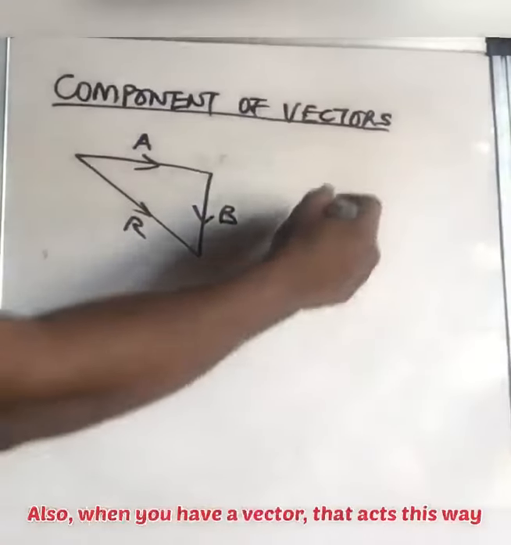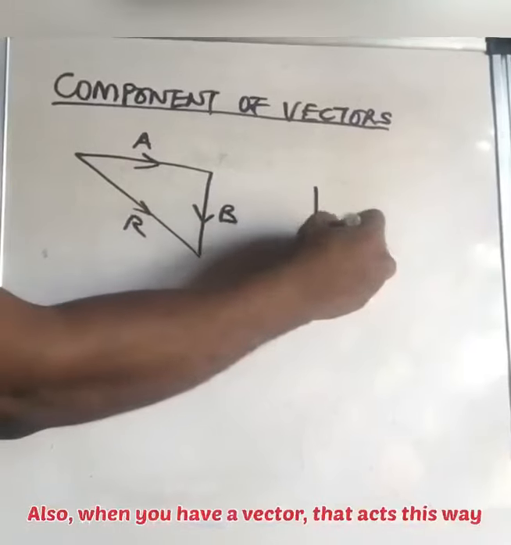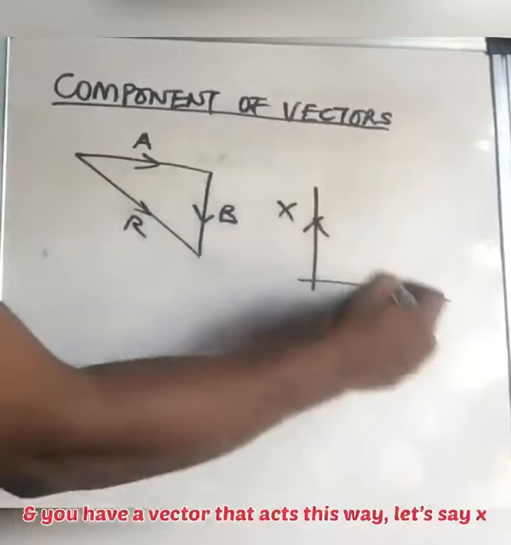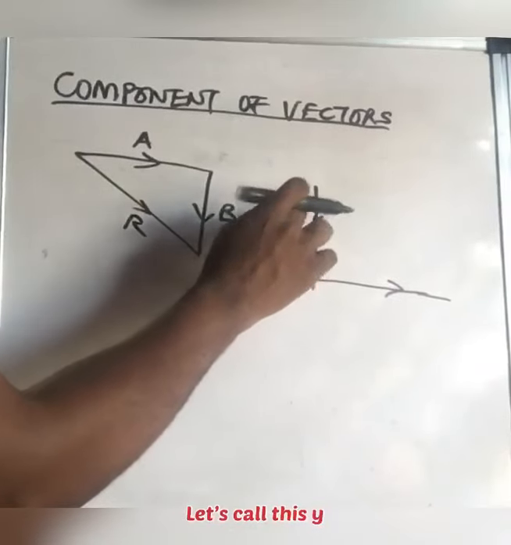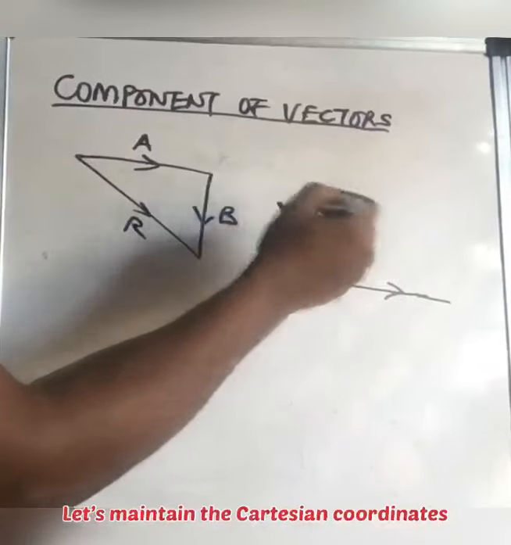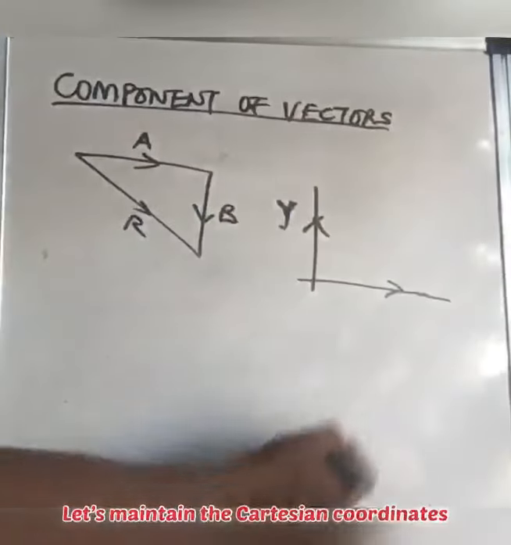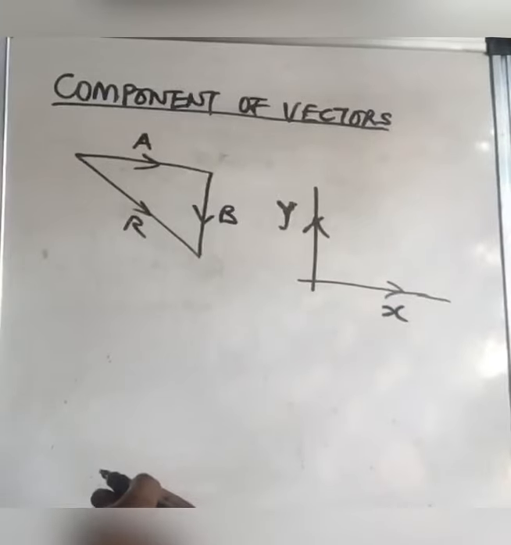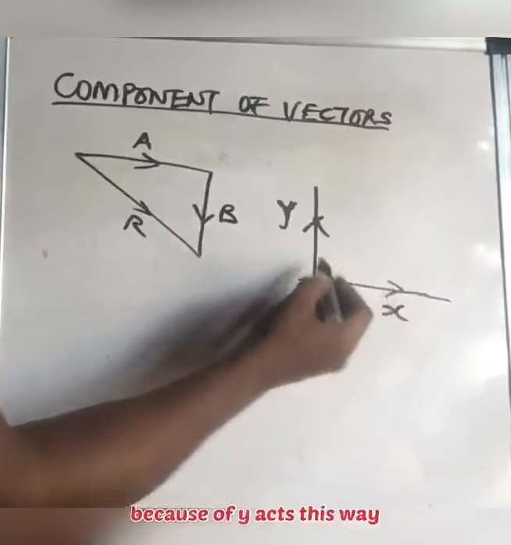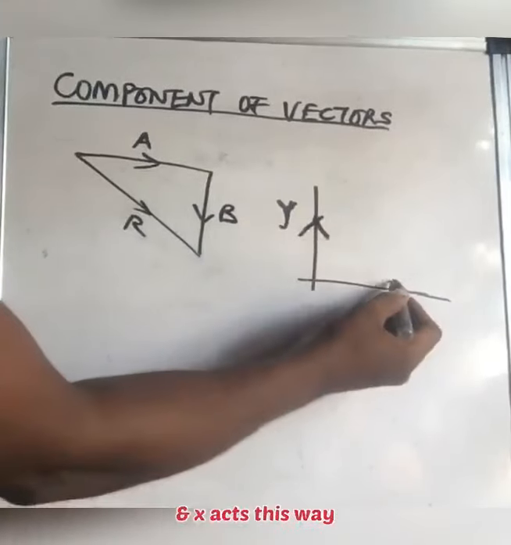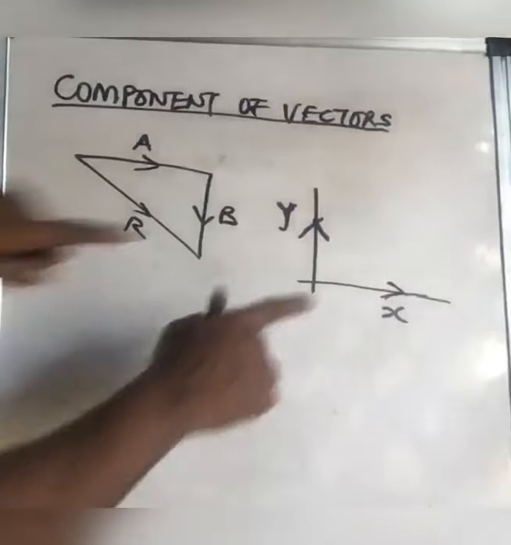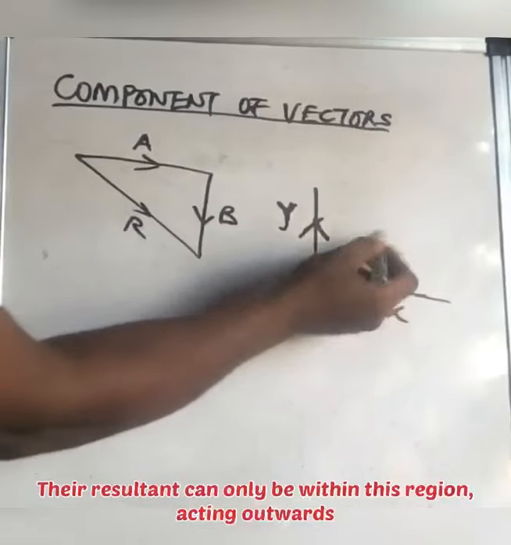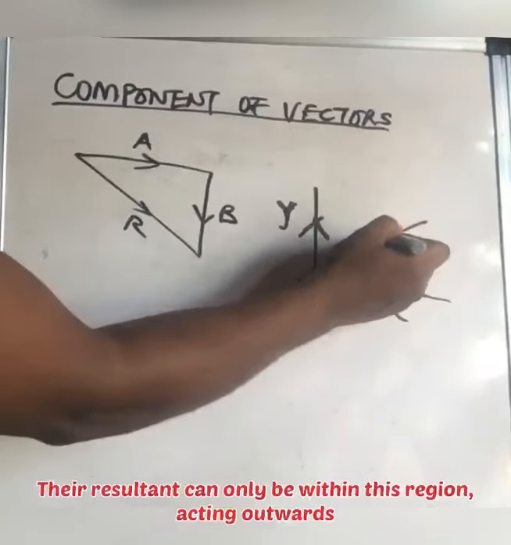Also, when you have a vector that acts this way and a vector that acts this way, let's call this X, let's call this Y. Let's maintain the Cartesian coordinates Y and X. Because Y acts this way and X acts this way, their resultant can only be within this region, acting outwards.